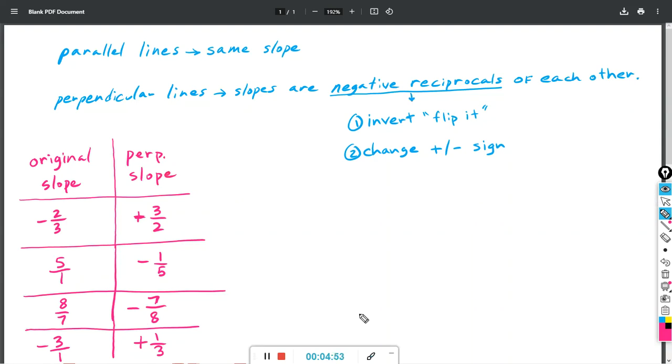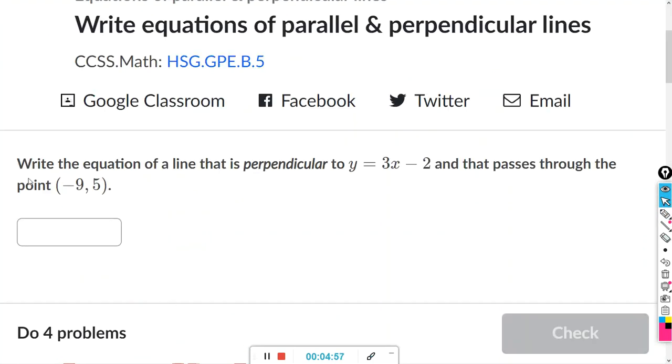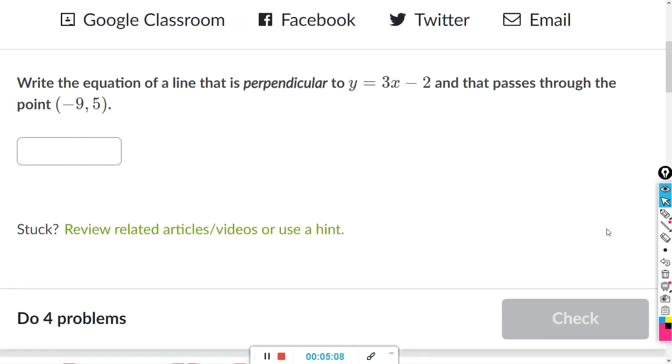Alright, so they want us to write the equation of a line that is perpendicular to y equals 3x minus 2 and passes through the point -9, 5. So in this equation here, we're given the slope. Alright, the slope equals 3.